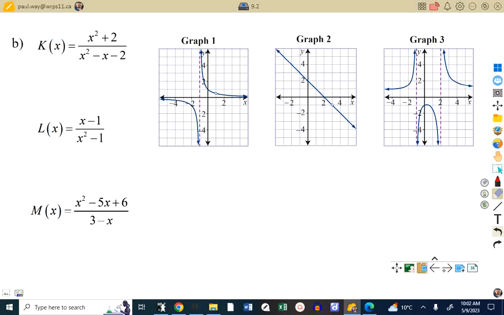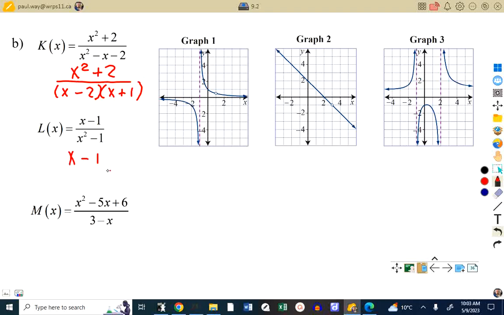You were expected to connect the non-permissible values in a graph to the factors that exist in the function. So the other thing you need to know then is, of course, that you have to factor everything first before you can draw any conclusions about what the graph looks like in terms of non-permissible values.